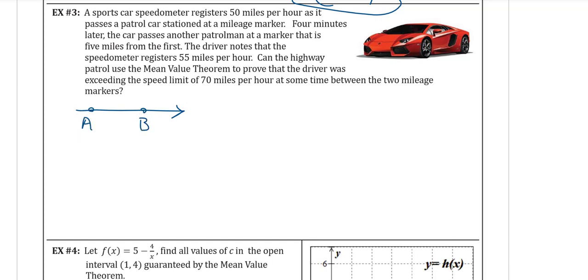So here are our two mileage markers, and the vector is going to represent the distance in between them, and t is going to be the elapsed time after passing the first marker.